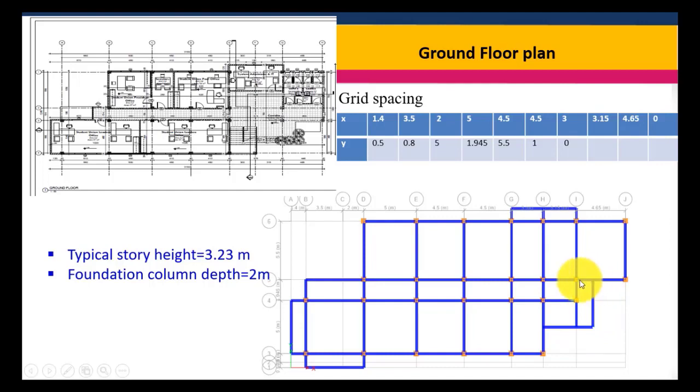Therefore we have to know this distance and this distance. According to the architectural drawing, this distance is 2.5, which means 5 divided by 2, this center. And this distance according to the architectural drawing is 1.55, which means 1/3 of 4.65. Now let us go and edit this in ETABS.